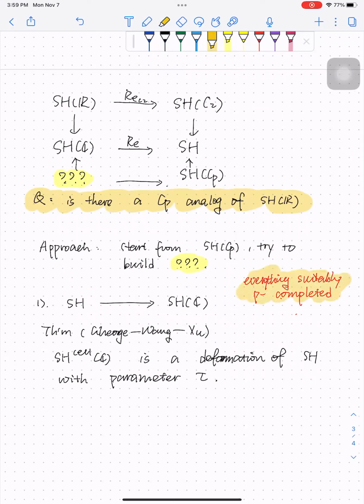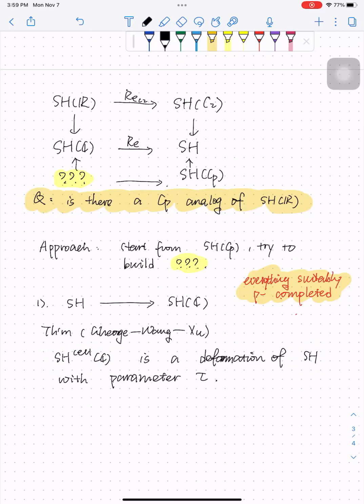So the more precise statement of the theorem is that the p-completed cellular C-motivic stable homotopy category is a deformation of the p-completed stable homotopy category with parameter tau. And just to simplify the notation, I'm not going to include this p-completion in my writing, but everything is p-complete.